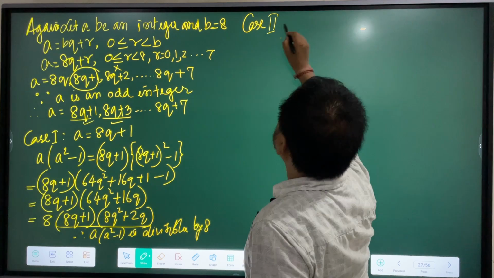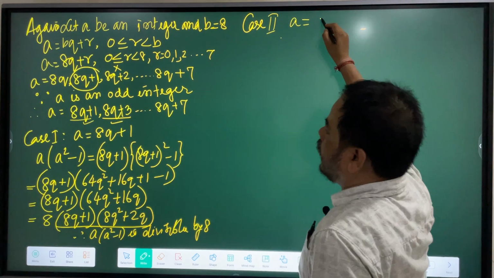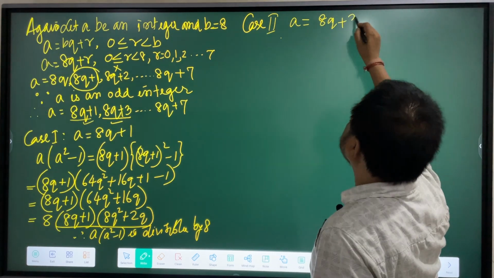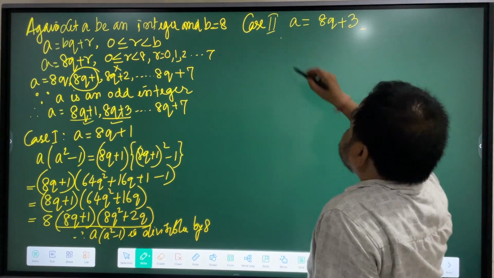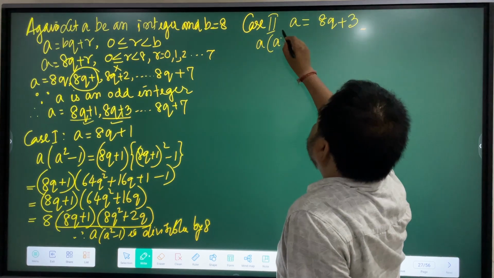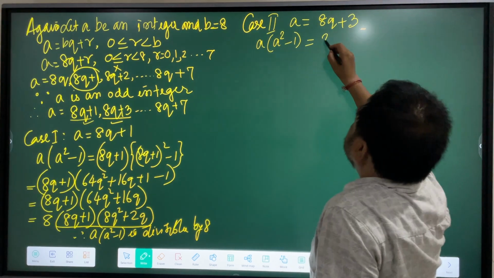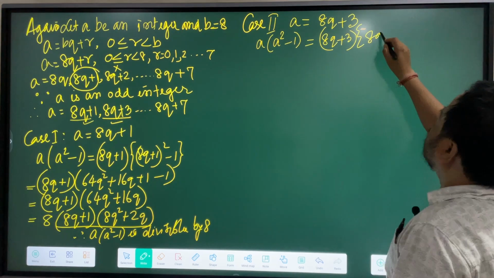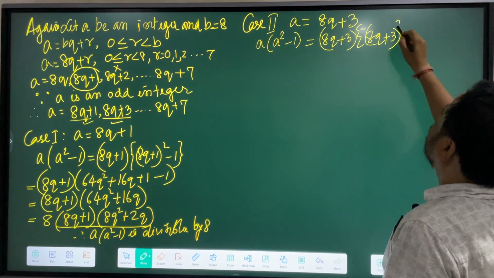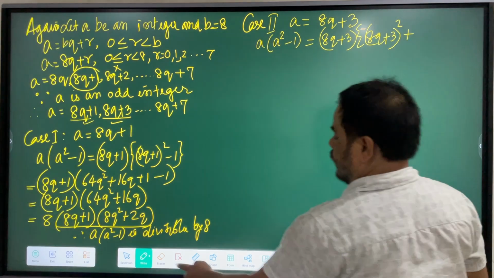Case 2: a is equal to 8q plus 3. The second one we are taking. We will not do all. A into a square minus 1, where a is 8q plus 3, so 8q plus 3 into (8q plus 3) whole square minus 1.